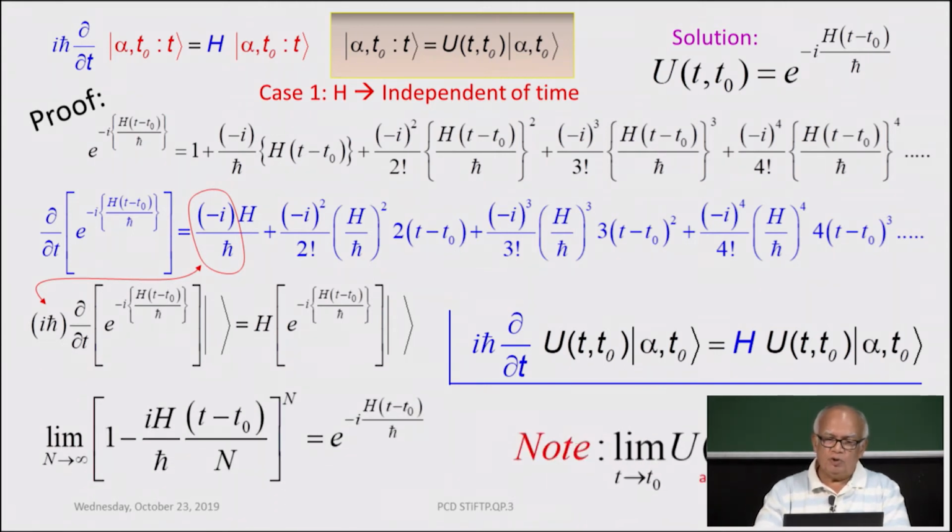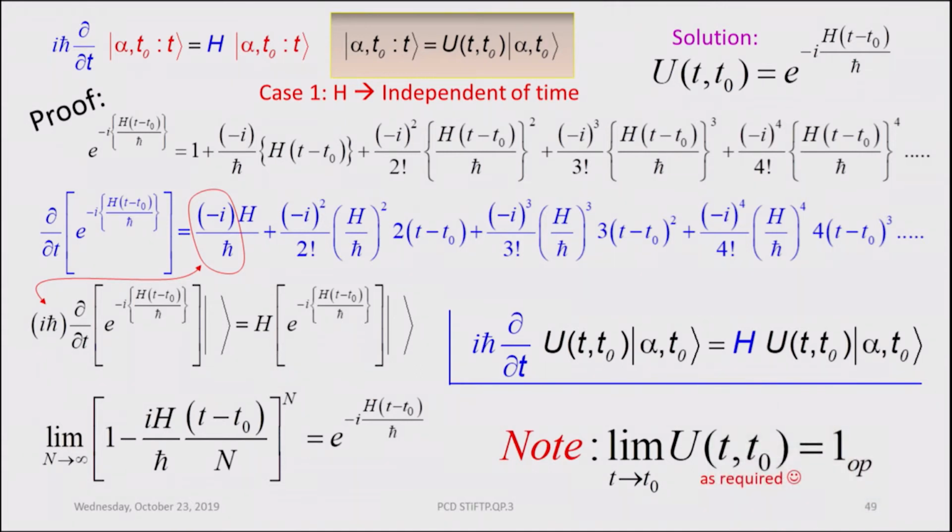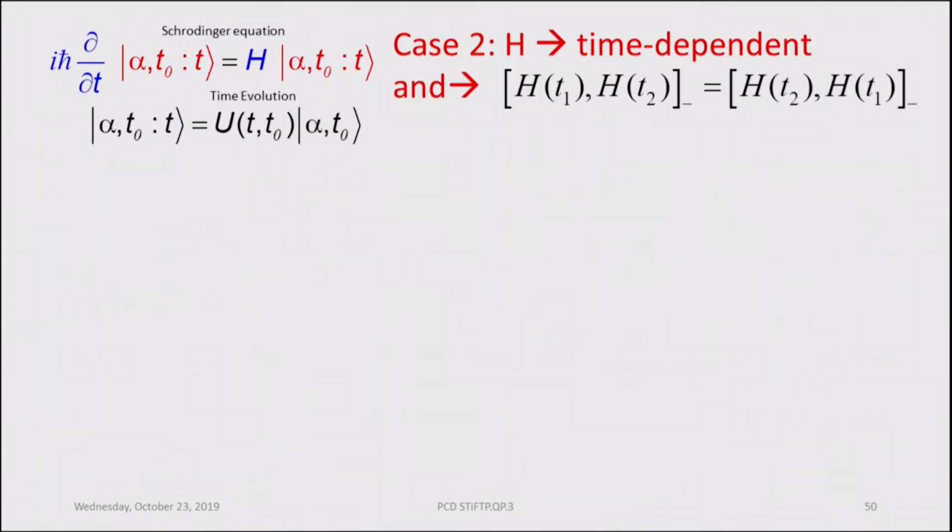Okay? So this solution is correct. And if the time difference between the initial state and the final state goes to 0, then of course this time evolution operator becomes just a unit operator, as it should. So this is good. Let us take the second case now.